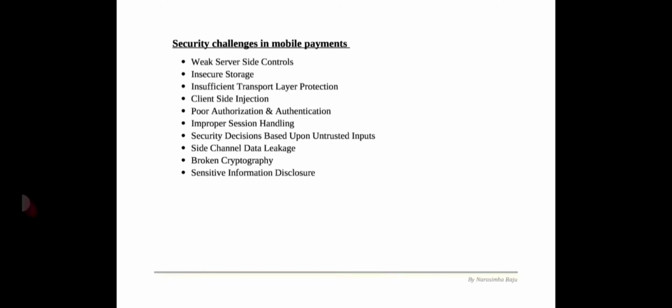The next security challenge in mobile payment is insecure storage. Securing confidential data such as cardholders' personal identifiable information, as well as sensitive information such as the PAN card details, CVV number of the card, tokens and cryptograms, is one of the most critical mobile application security controls.